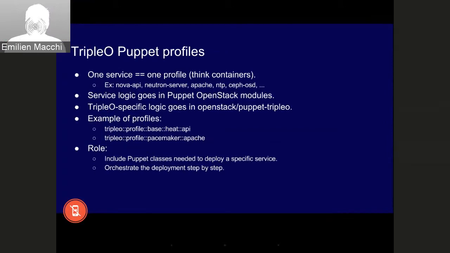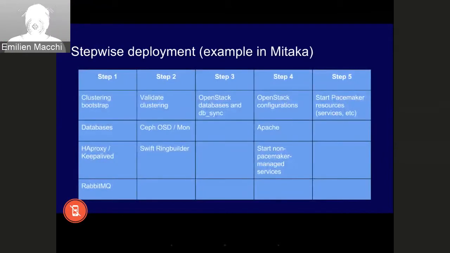There is one thing which is very important to understand here, that we are using Puppet to do the configuration and the orchestration, and we are using a stepwise deployment. We did that before already, and we will continue to do it during the next release. So what is a stepwise deployment? It's actually a step-by-step deployment where we build our TripleO cloud step by step.